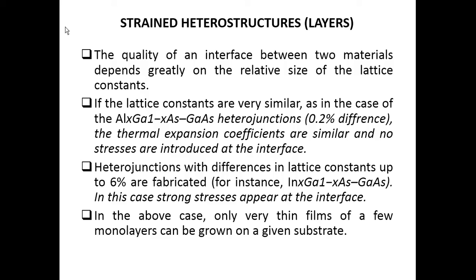The quality of an interface between two materials depends greatly on the relative size of the lattice constants. If the lattice constants are very similar, almost the same, as in the case of aluminum gallium arsenide heterojunctions, the difference in the lattice constants is only 0.2%.